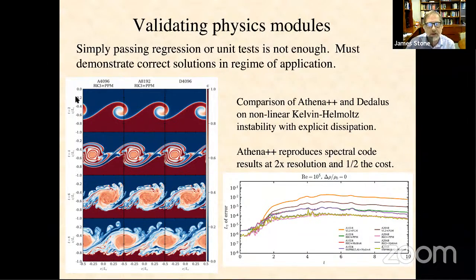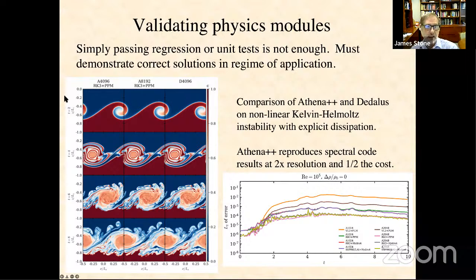A very popular test problem is studying the nonlinear regime of fluid dynamical instabilities. For example, the Kelvin-Helmholtz instability occurs when two fluids are shearing past each other through an interface. Then that interface is unstable to the development of rolls and substructure. And this is the so-called Kelvin-Helmholtz instability.